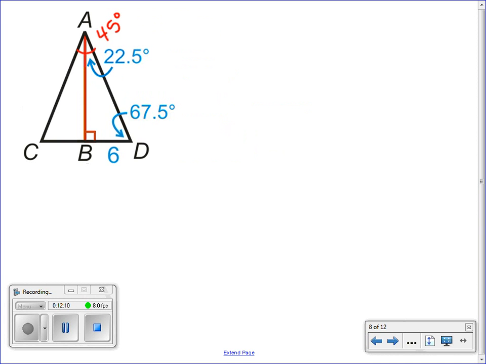My apothem cuts the triangle into two congruent parts. So half of 45 is the 22.5. And then we have the angle D, which we said was 67.5. We were told that each side length of this was 12. Half of 12 is the 6. And I'm just going to look at that right triangle.